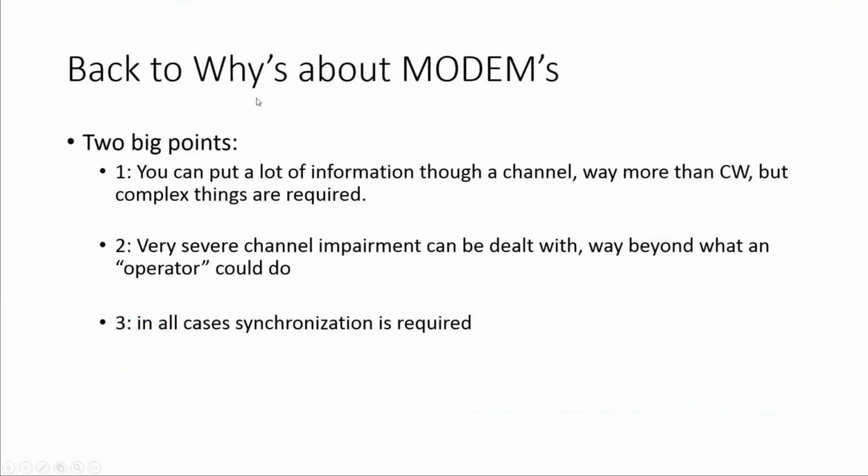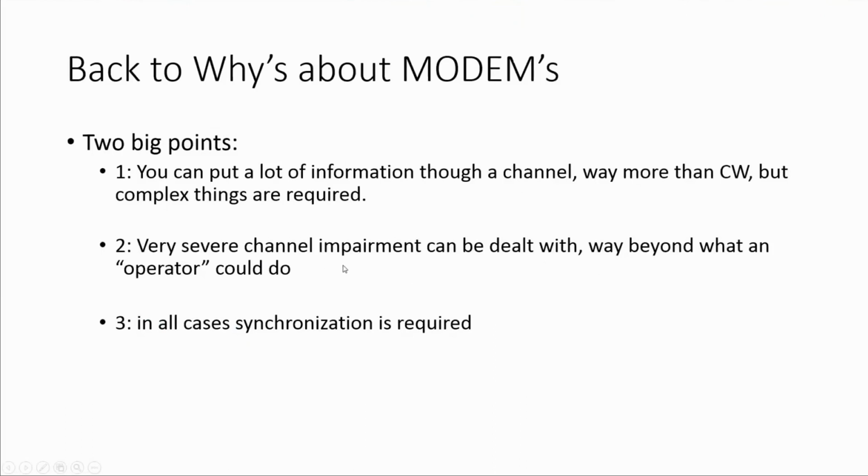Okay, back to some modems. The two big points that we've talked about, which maybe aren't that clear: you can put a lot of information through a channel, a lot more than CW, but it takes a lot of complexity. The second is that very severe channel impairments, way worse than we could deal with by ear, are routinely handled in all sorts of modems.